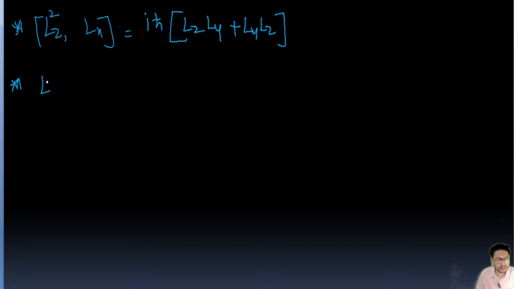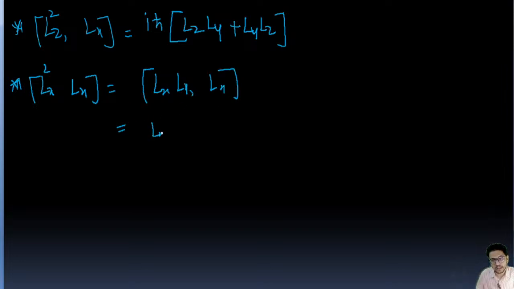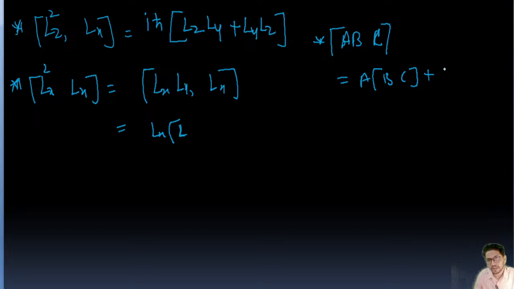Next property is this, I have already written, that is L square Lx. This value is 0. How is this 0? I'm going to solve it. I can write Lx into Lx and Lx. By the commutation property, which I have already explained, I'll write here ABC commutation, ABC equal to ABC plus AC outside.